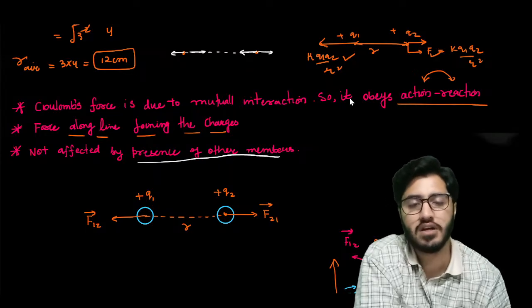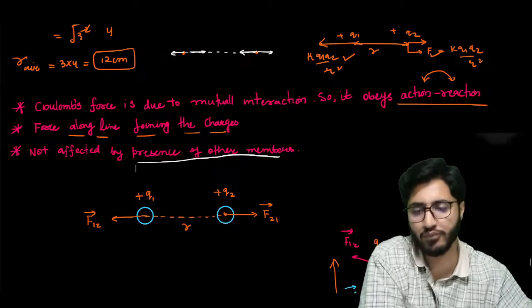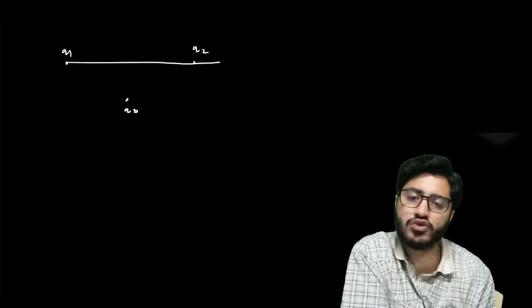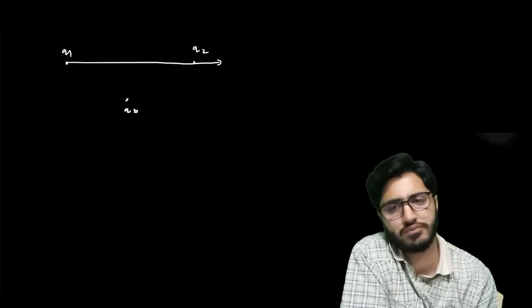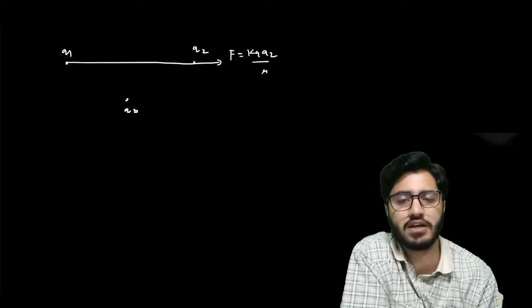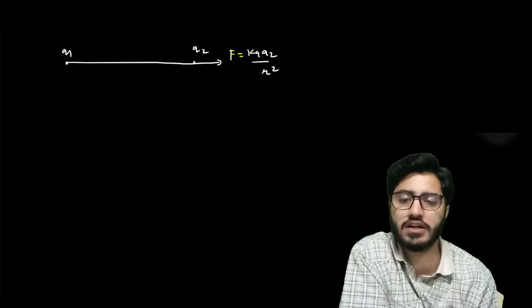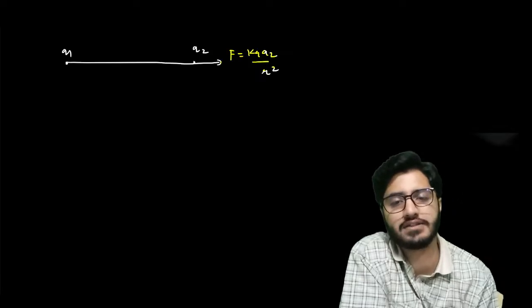Suppose we have charges Q1, Q2, and Q3. Q1 will push Q2, so the force will be K Q1 Q2 by R square. Let us suppose this third particle is not there, so my force will be like this.